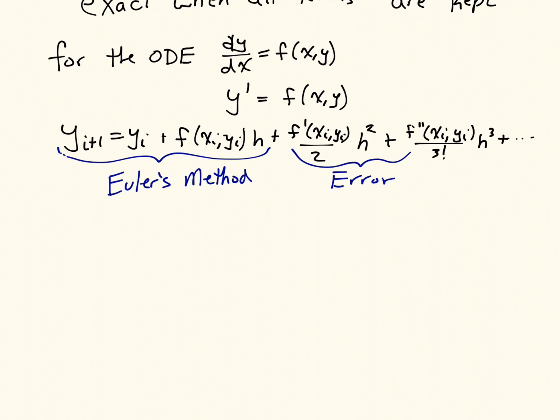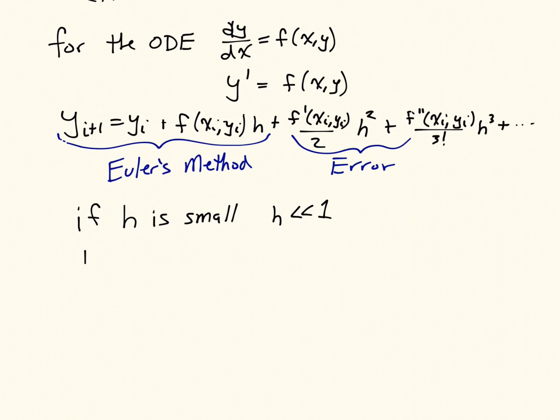And if we assume that h is small, or h is much, much less than 1, then the first error term is going to be the largest. So then the f prime at xi yi divided by 2 h squared term is the largest.